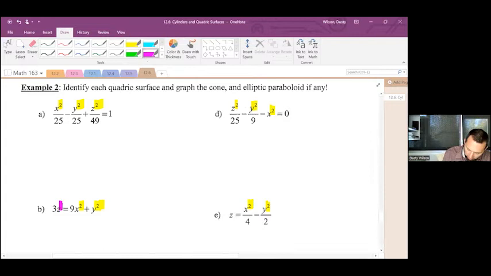And notice that in B and E, you have no squares. Since there are no squares in those examples, they must be either the elliptic paraboloid or the hyperbolic paraboloid. So really what we care about are the signs.